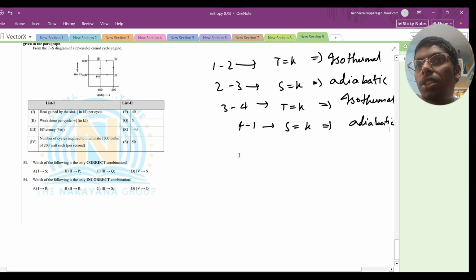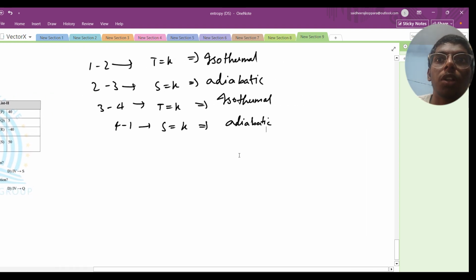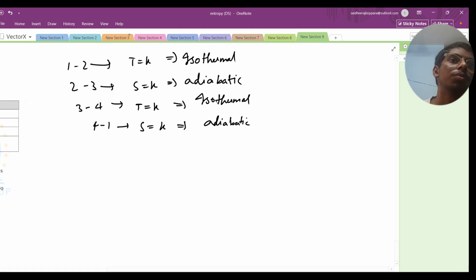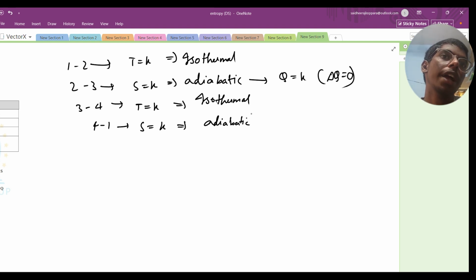Now finding the heat is the most important part. You know that here the heat is constant and dq will be 0. Similarly here as well.